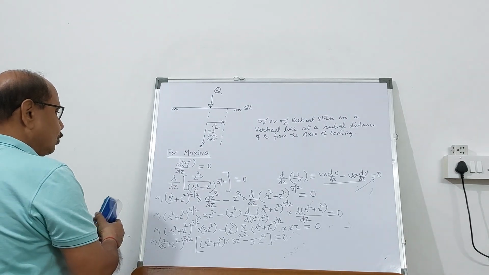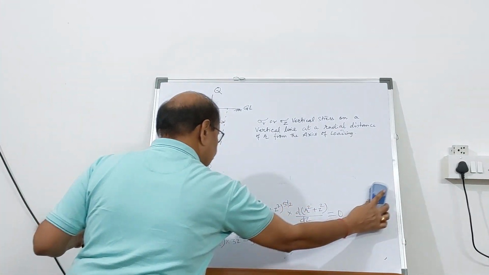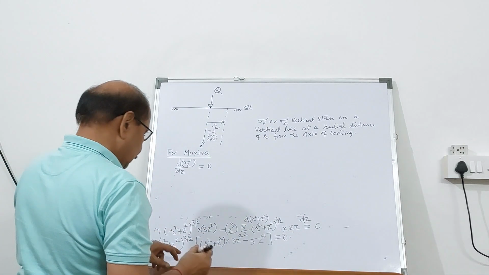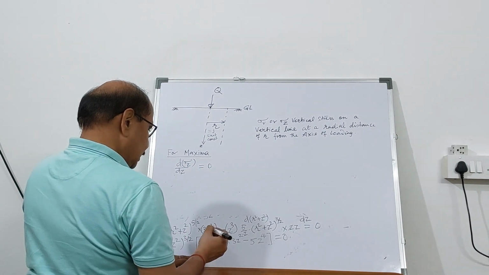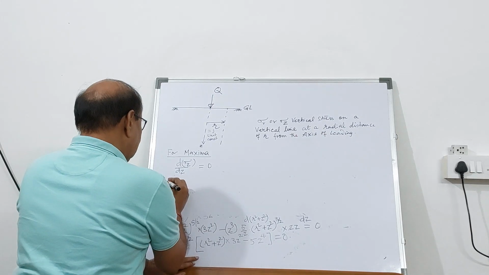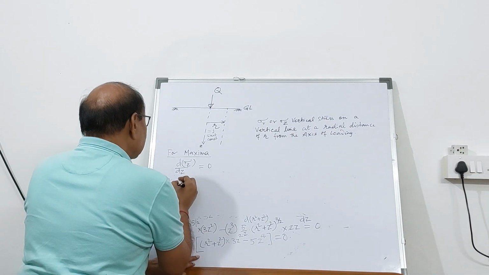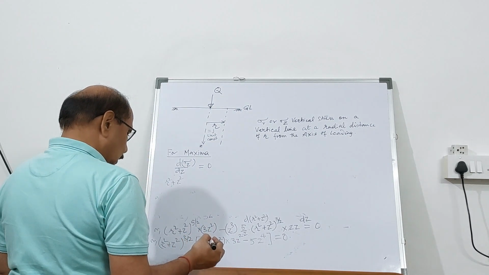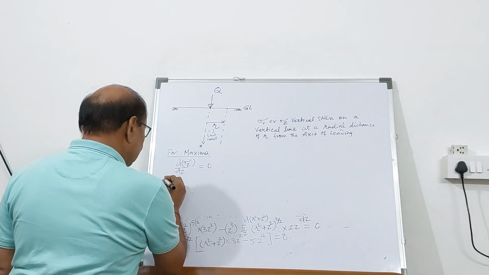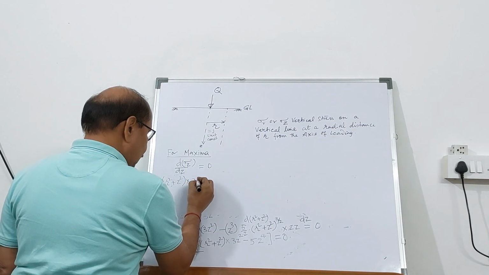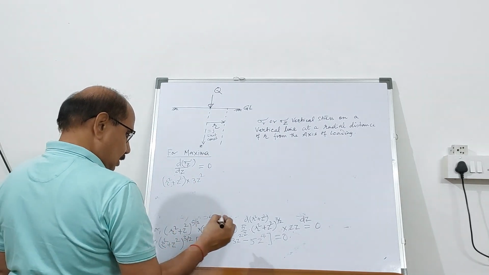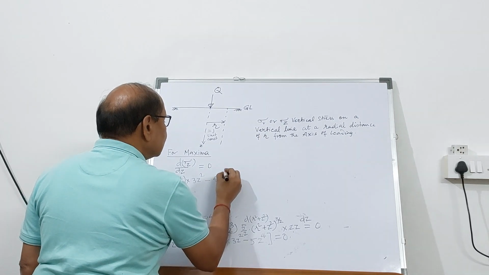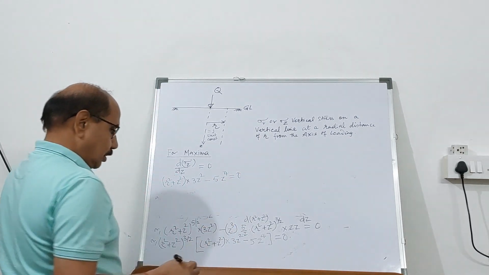So further simplification, if you make it, what will you get? So from this it is amply clear that r square plus z square into 3 times z square minus 5 times z4 equal to 0.